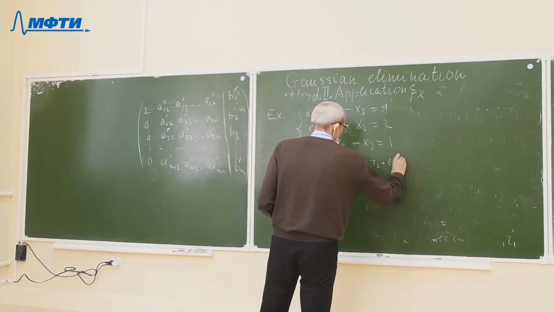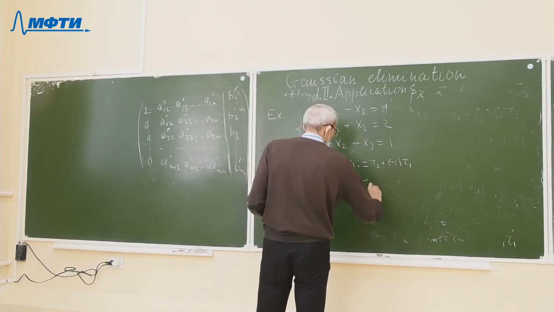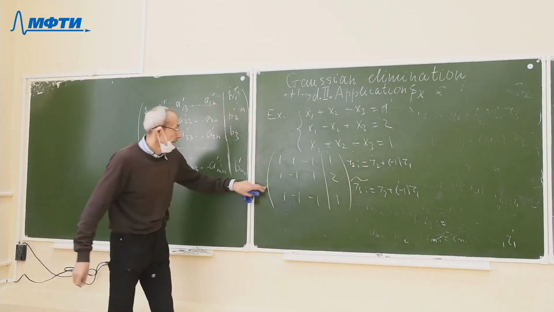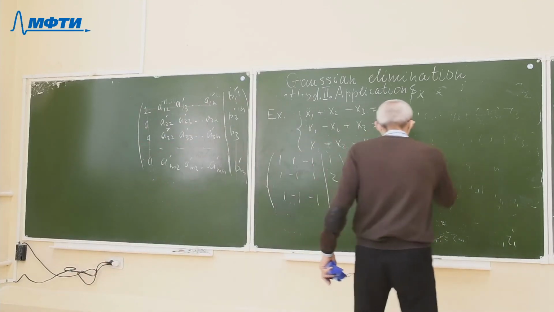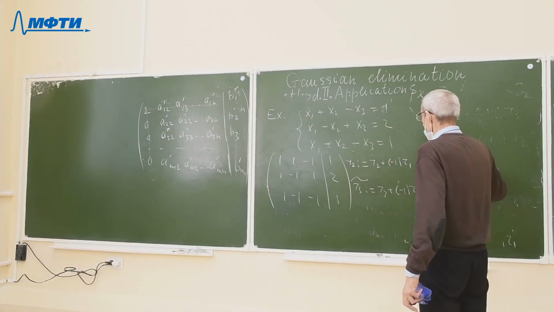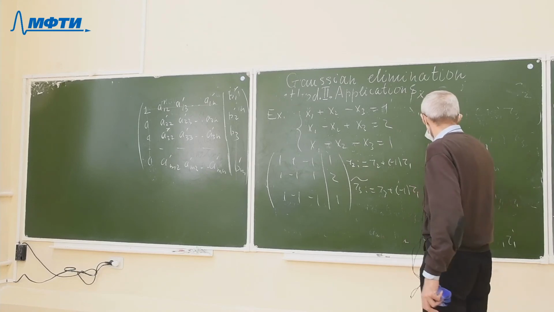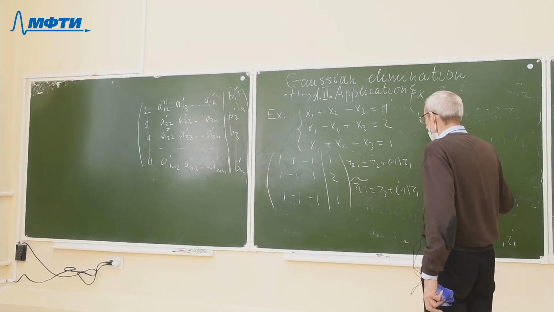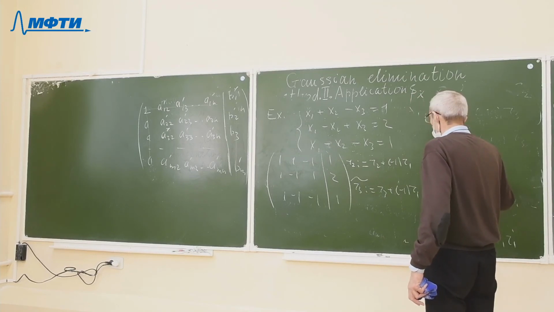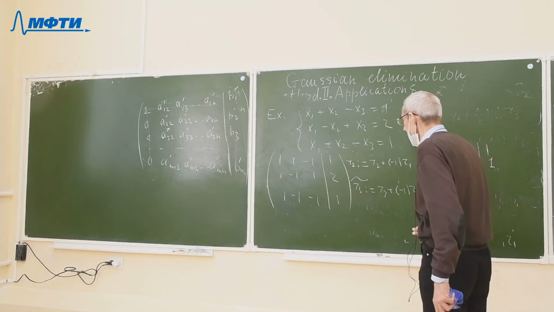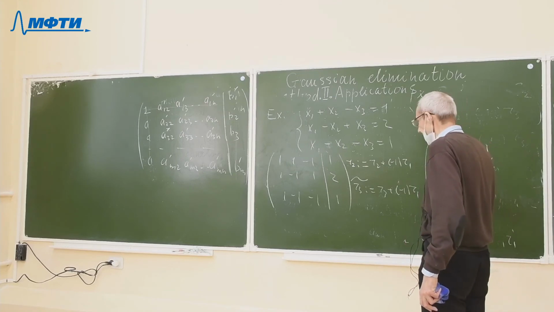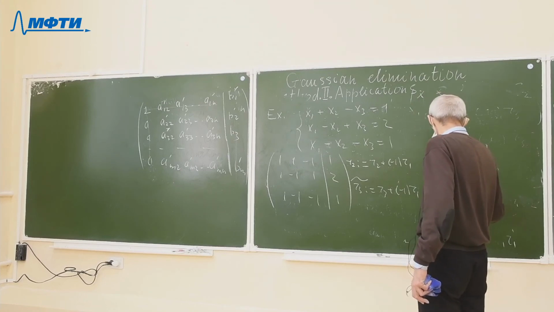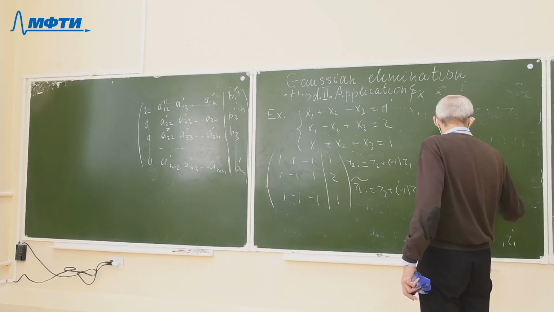R2 plus minus 1 R1, R3 plus minus 1 R1. And in this place we obtain 1, 1, minus 1, 1. 0, minus 2, plus 2, 1. 0, minus 2, 0, 0.